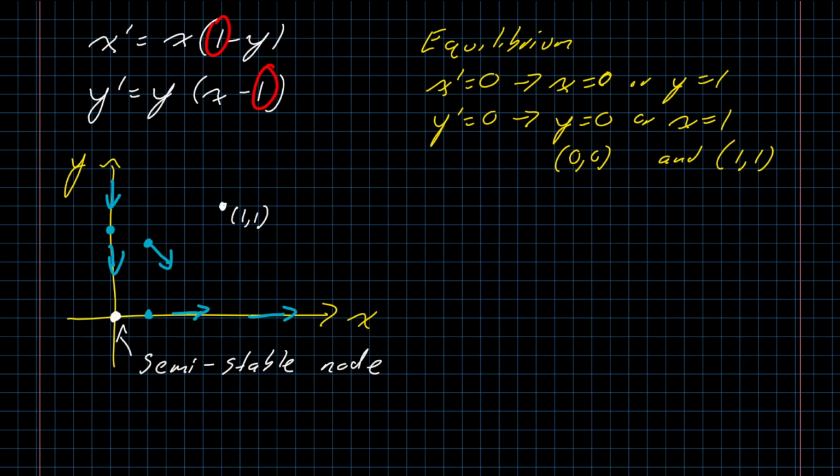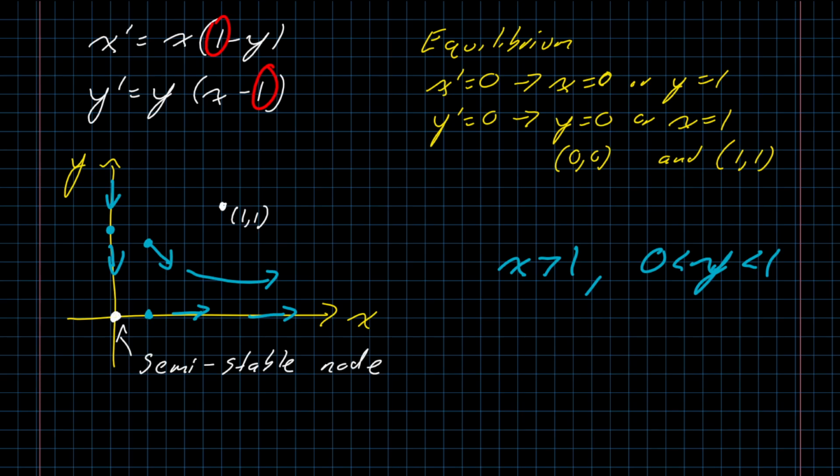But if we continue on this path that we set up here, probably eventually we'll come over here somewhere where x is bigger than 1 and y is between 0 and 1. But what will happen at that point?